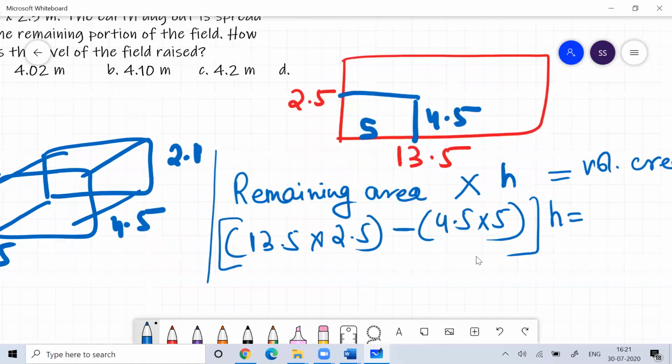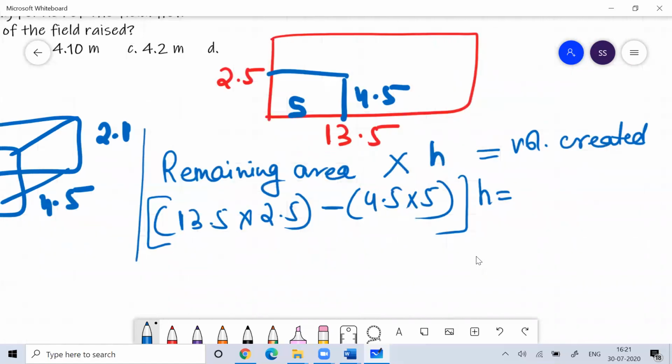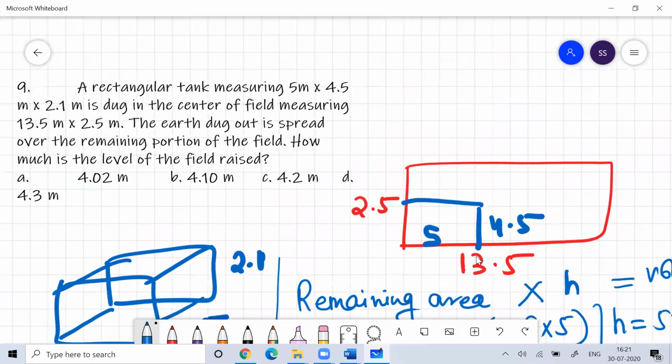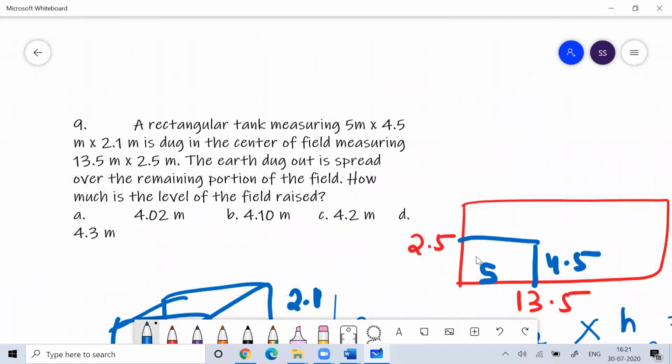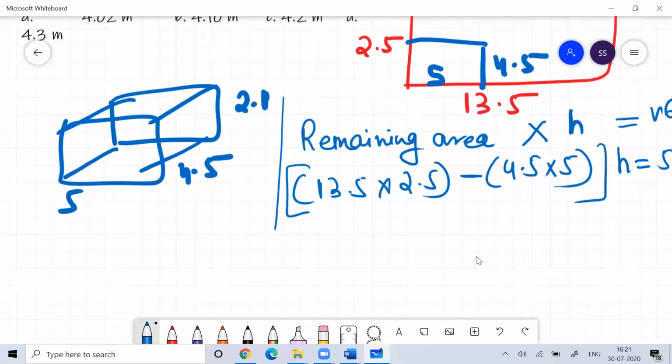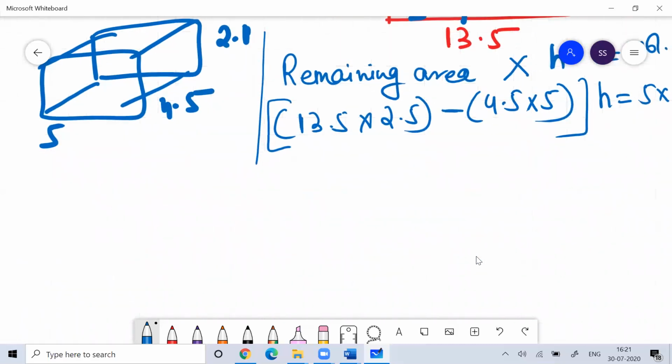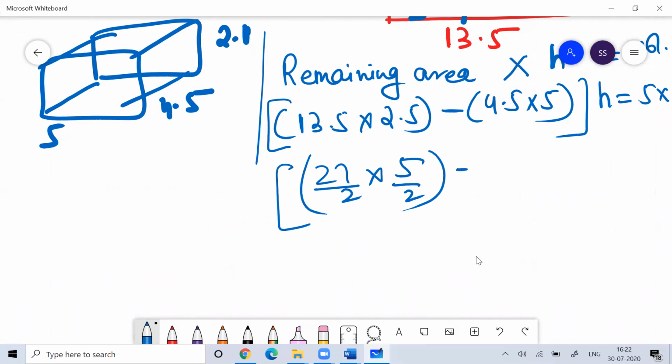The volume you created is 5 into 4.5 into 2.1, and all the units are in meters, so there's no problem. I can write 13.5 as 27 by 2, and 2.5 as 5 by 2, minus 4.5 as 9 by 2, into h.